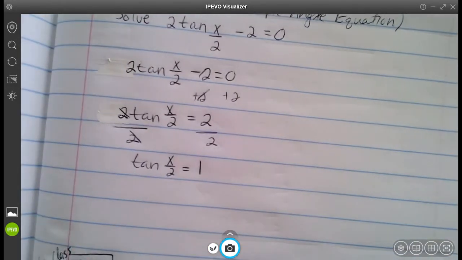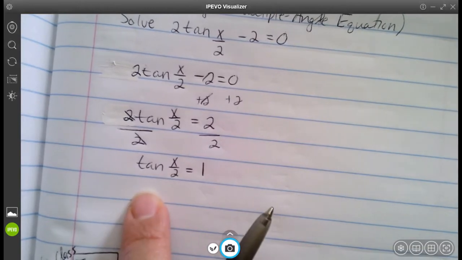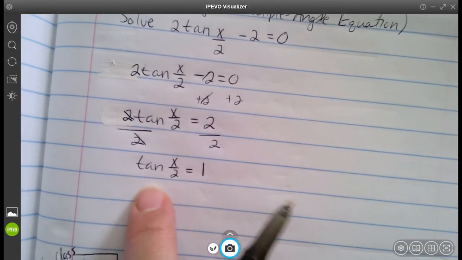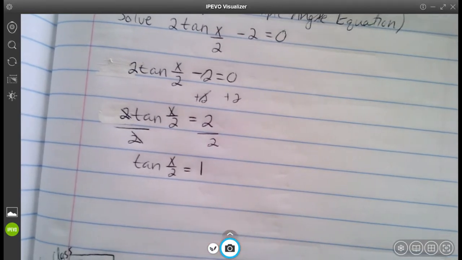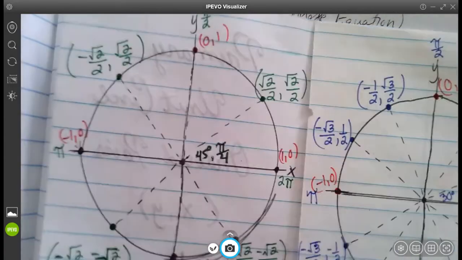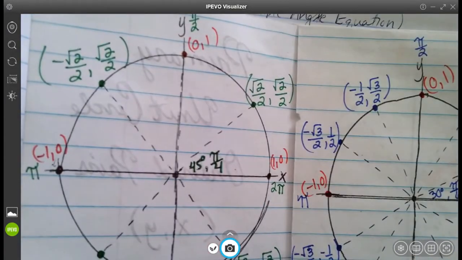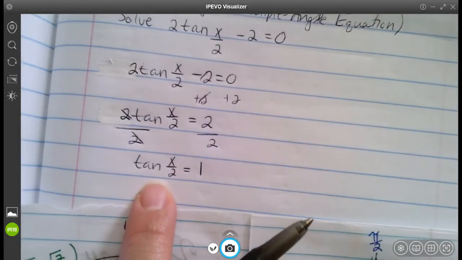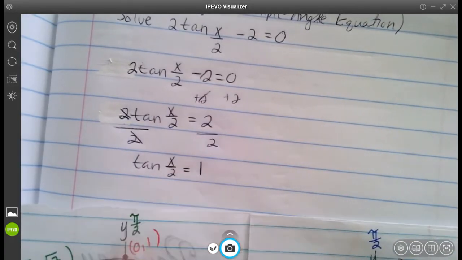Okay, so we have successfully isolated the tangent, but now we have this weird x over 2. So here's what we're going to do. We're going to find, well, where is tangent equal to 1, first of all? Same thing, if you need to look at your foldable, look at it. Basically, we're looking for where x and y are the same, because remember that tangent is y over x, or opposite over adjacent.